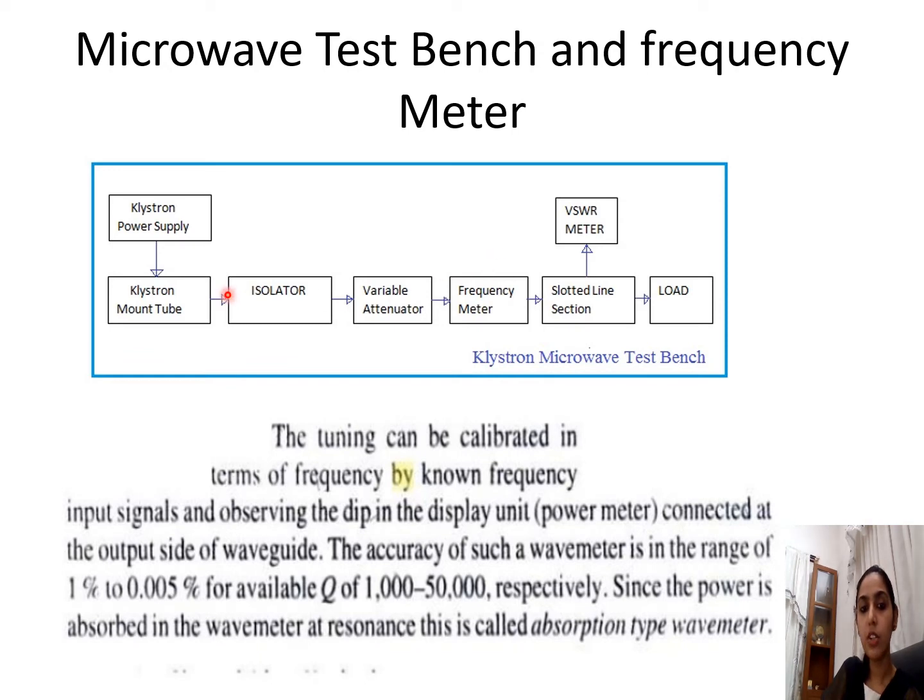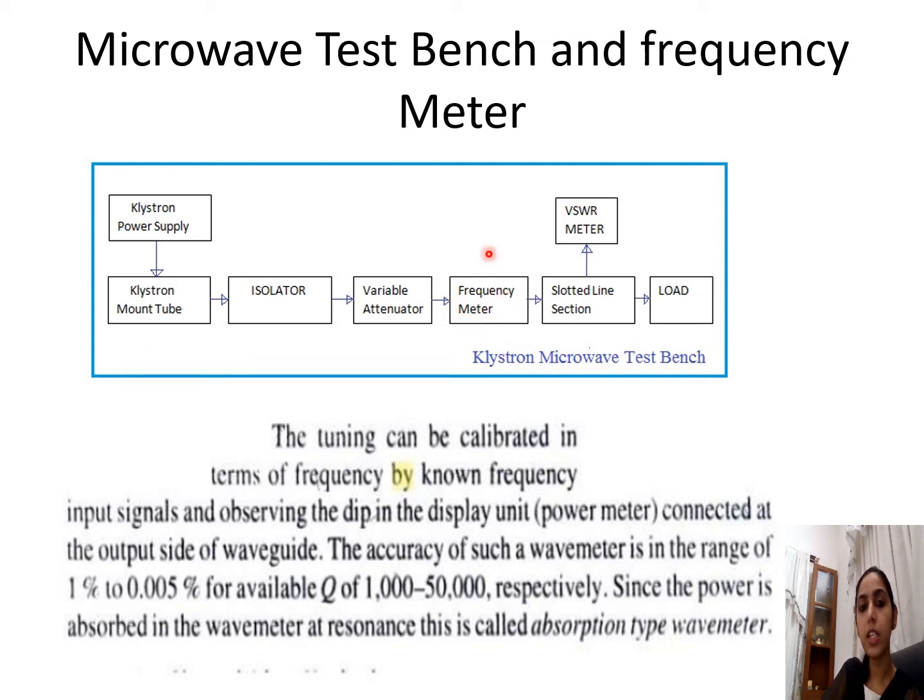So when we are doing this in a microwave test bench, suppose if a signal is coming, say we'll take it in the X band range. So say a 10 gigahertz signal is coming. Okay, if that frequency is going to match with the resonant frequency of the cavity, which we have set up by means of moving the plunger, that is we are actually rotating the top part of frequency meter and varying the length.